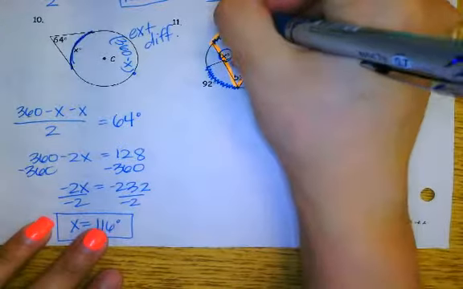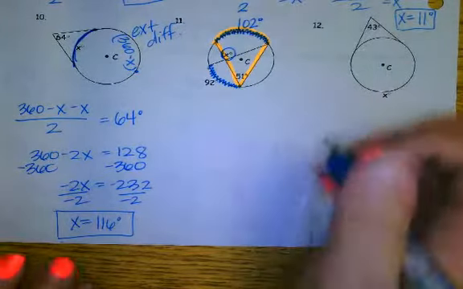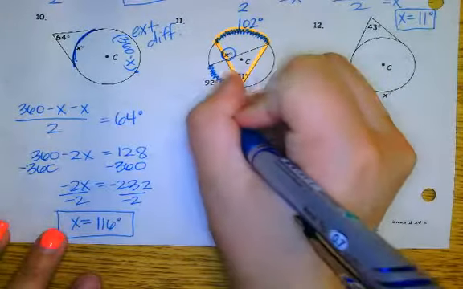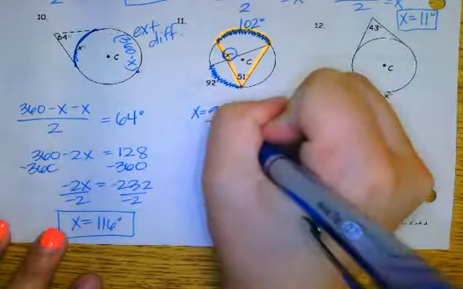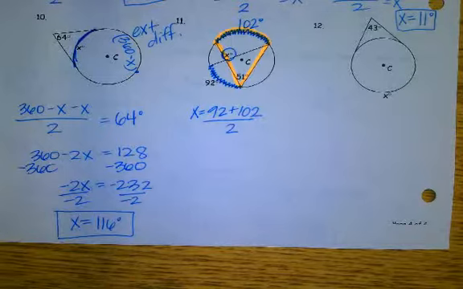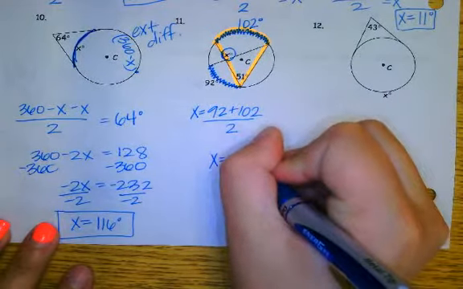And now you can solve by doing what? Leaving x to equal 97.